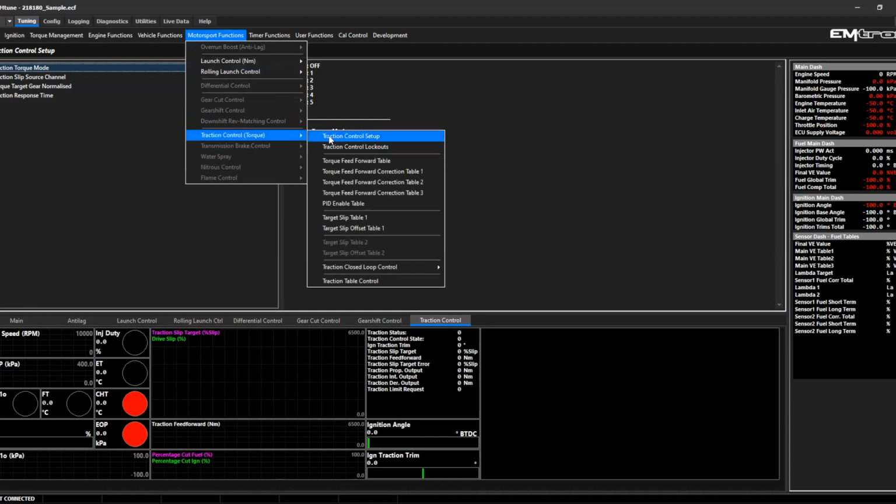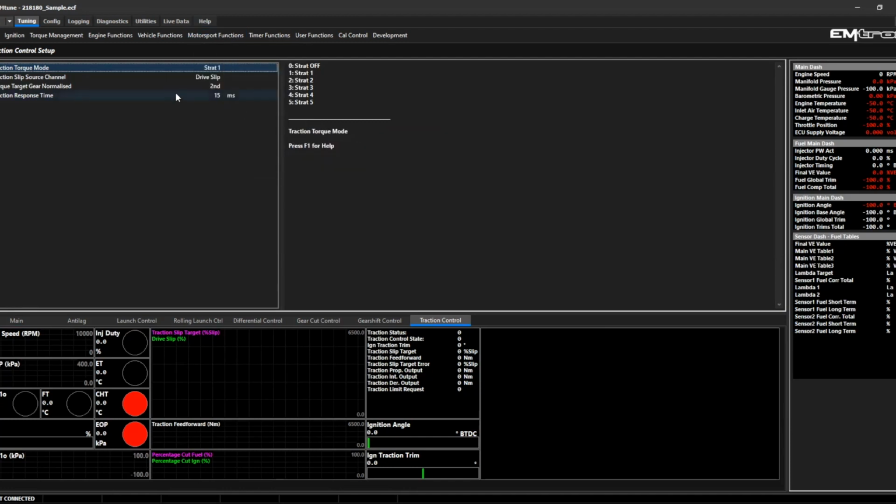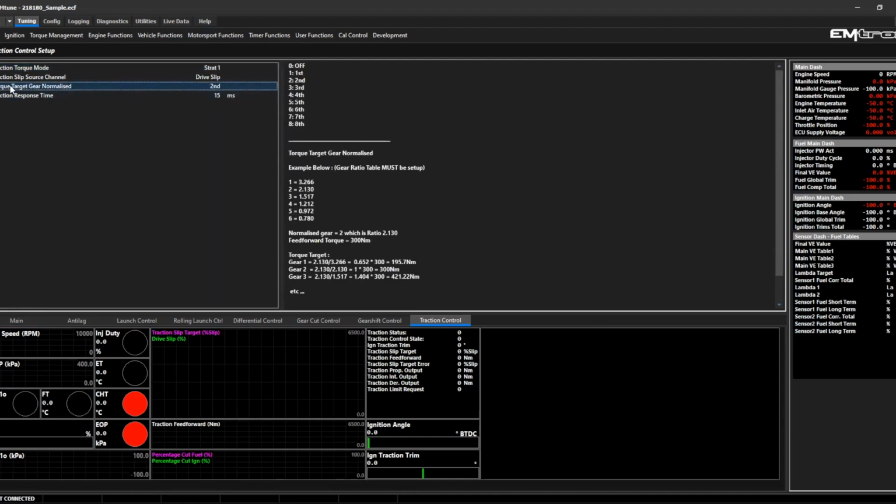Now, the difference with this is the extra settings we have in the ECU: we also have the torque target gear normalized channel, exactly the same as what I demonstrated for the torque limits. This one would mean that the feed forward torque, which I'll show you shortly, will also be scaled based on the gear you're in.